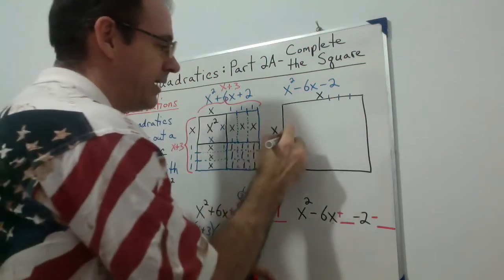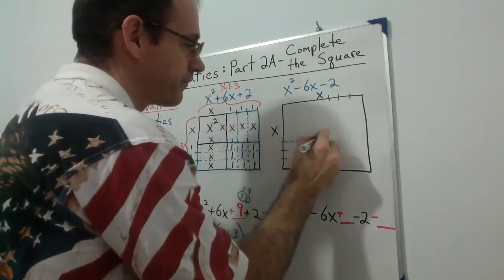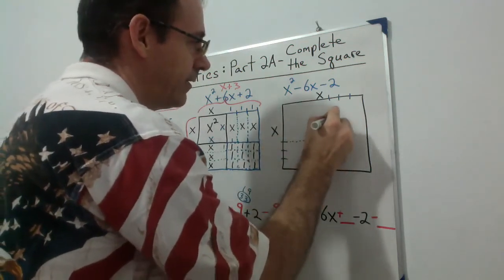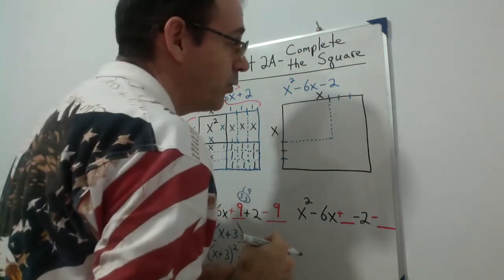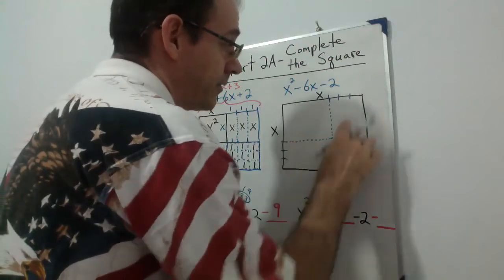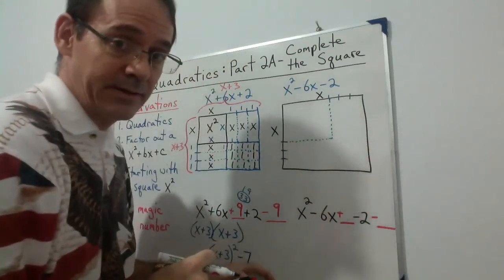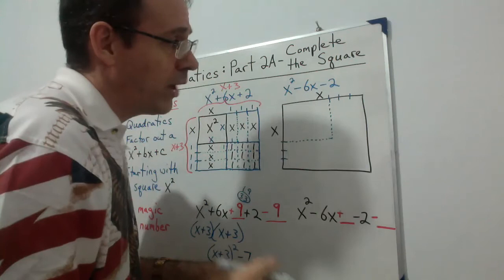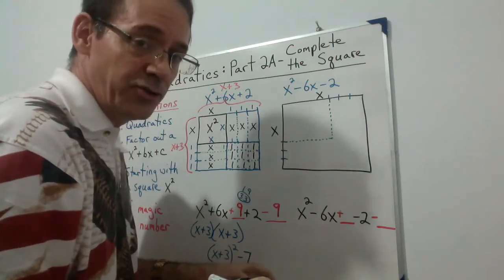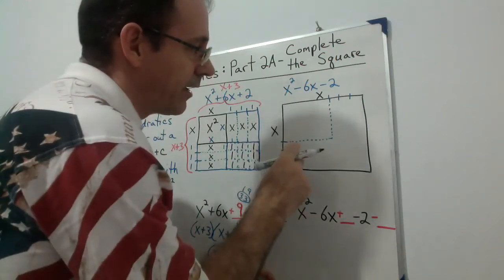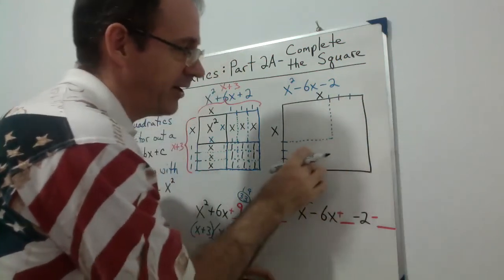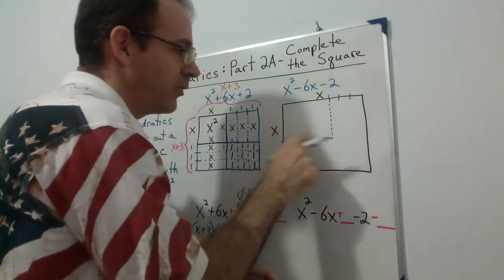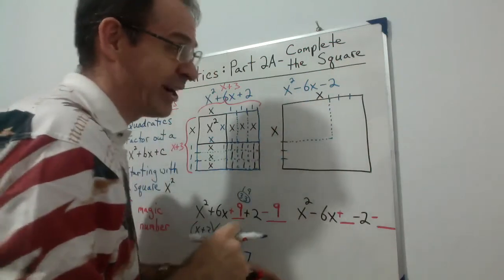Okay, so now we get this square in here, and we've taken away this much. Now we need to figure out how to get rid of all of this area. We're taking our bigger square, we want to reduce to a smaller square.